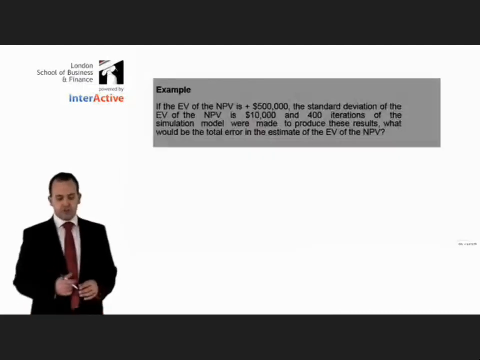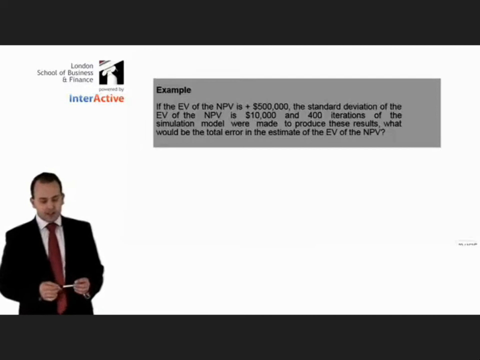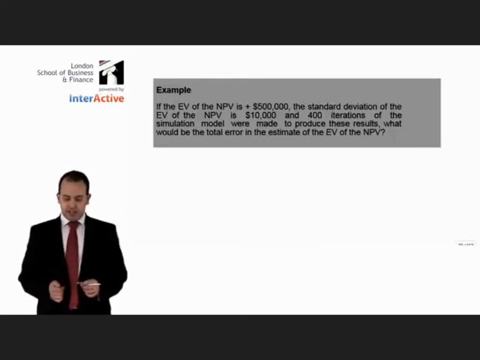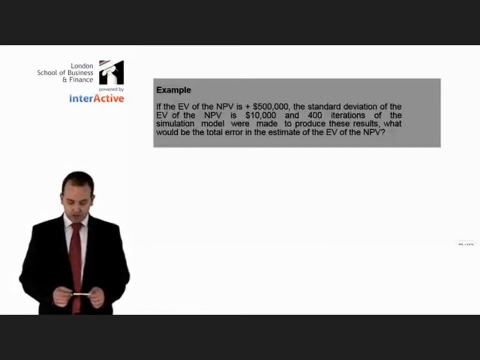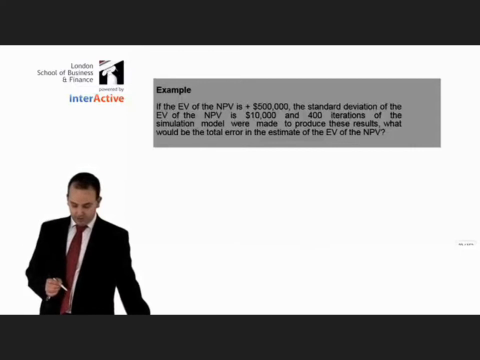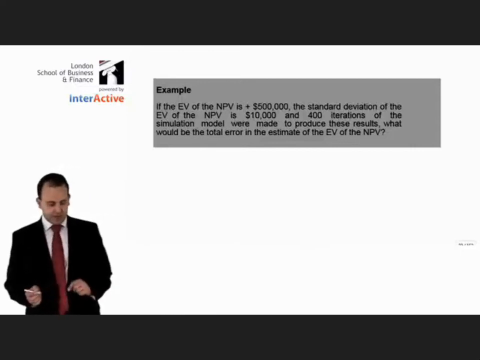So if we look at this example, if the expected value of the net present value is a positive $500,000, the standard deviation of the expected value of the NPV is $10,000, and 400 iterations of the simulation model were made to produce these results, what would be the total error in the estimate of the expected value of the net present value?